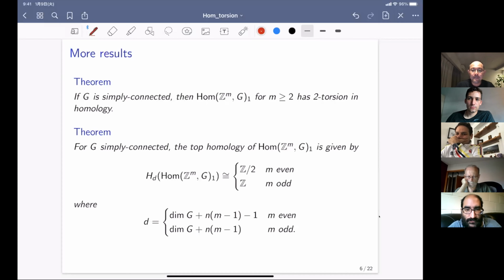So it depends on the parity. And the dimension of the top homology is given like this, and it's also depending on the parity of m.